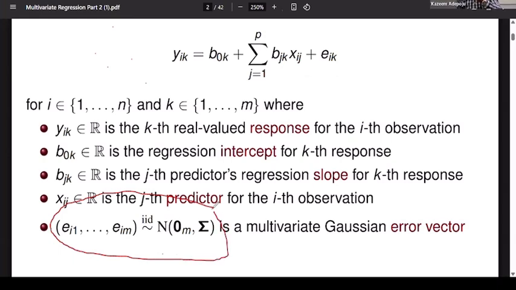You see that εi1 up to εim are IID, normally distributed with mean 0 and a variance-covariance matrix, which is a multivariate Gaussian error vector. The only difference is that we are extending this to multiple dependent variables.